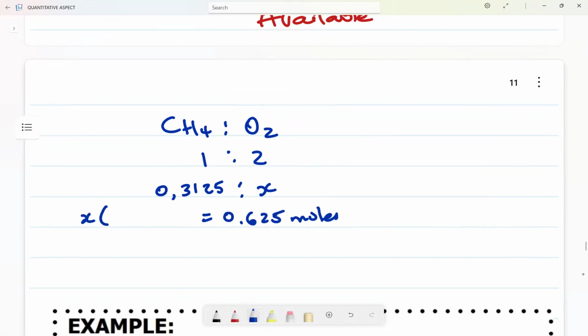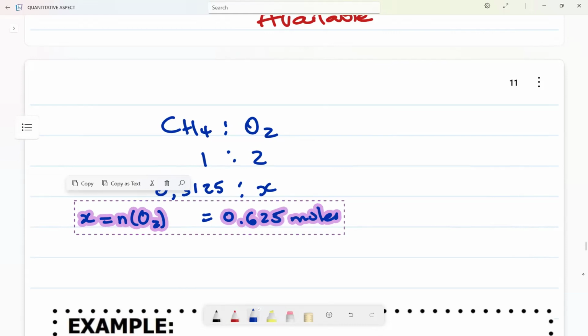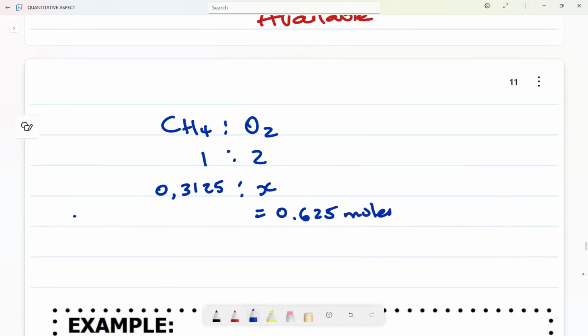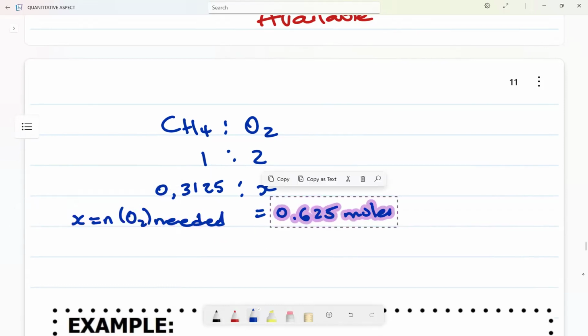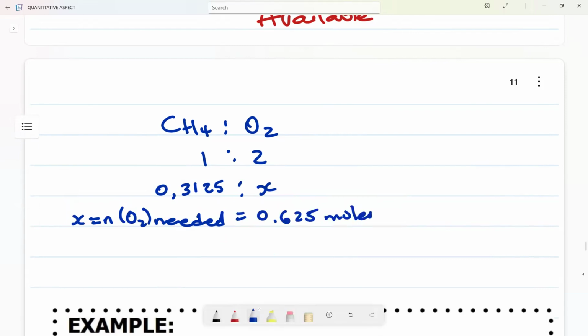Remember, X is the same as the number of moles of O2 that is required, or needed, to react with CH4. Let me use simple English: that is needed. But let's check.